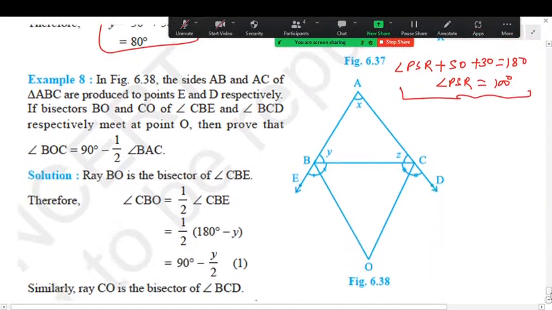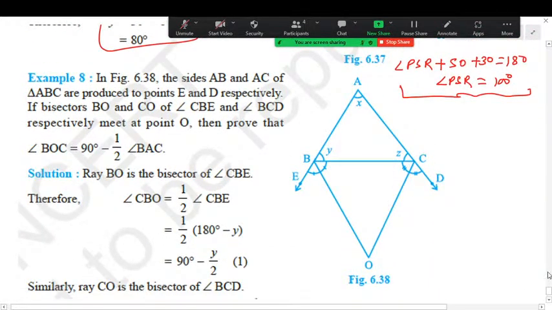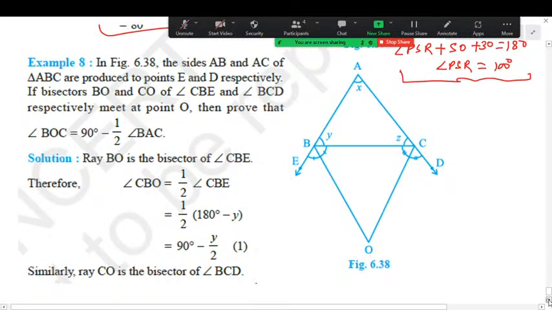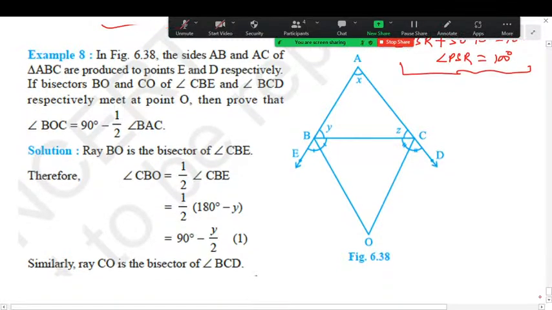Now we have this example that we should solve here. First you try to understand the question, then we will solve it. This figure is named 6.38. In this figure, first we have a triangle ABC.